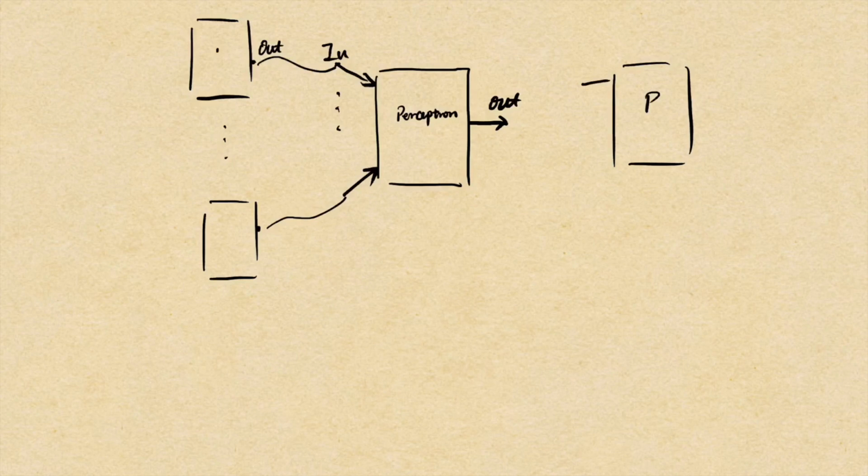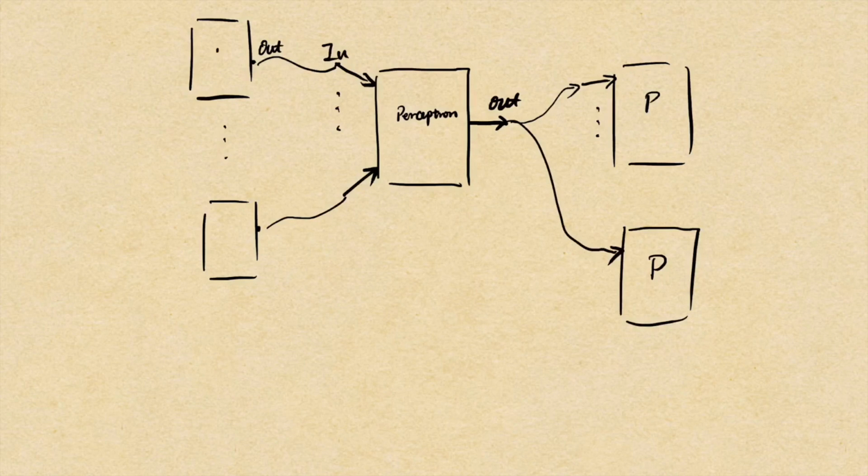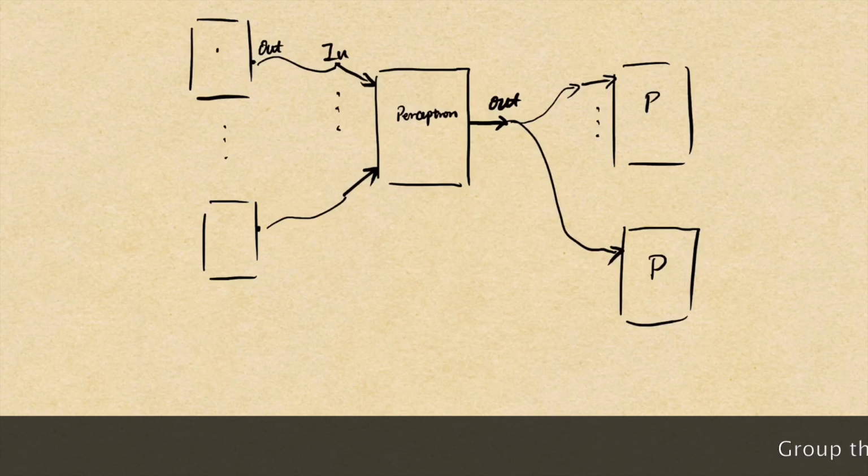For example, here is one of its inputs, and it can be connected simultaneously to multiple further-layer perceptrons. Now let's look at how the information is processed in this network.